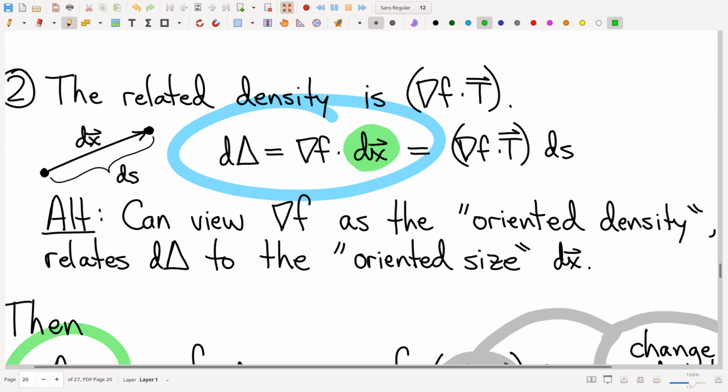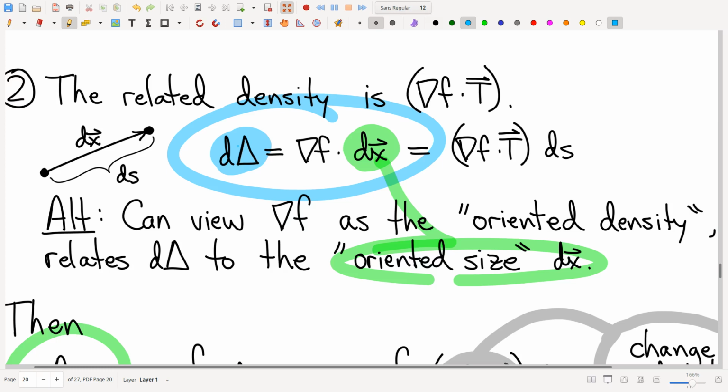You might even say, what is the orientation of that little piece of size? And so with the idea that dx tells you both orientation and size, I'm going to call it an oriented size. So now we have accumulating quantity per unit oriented size.